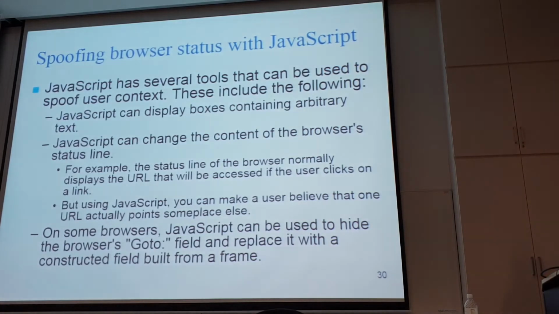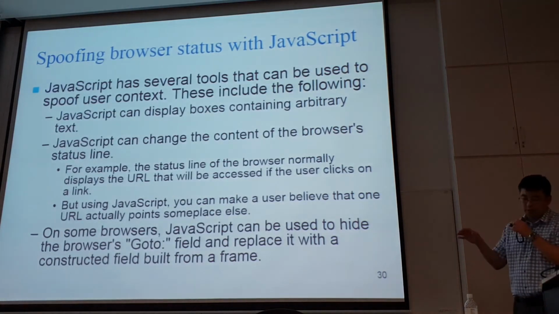For example, you can change the go-to field, the link that will be displayed when you point your mouse to a particular link, and the content where this link is pointing to.